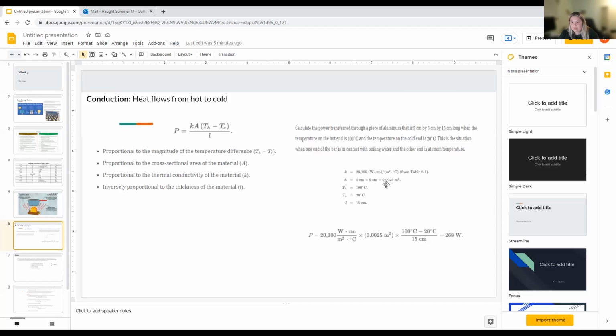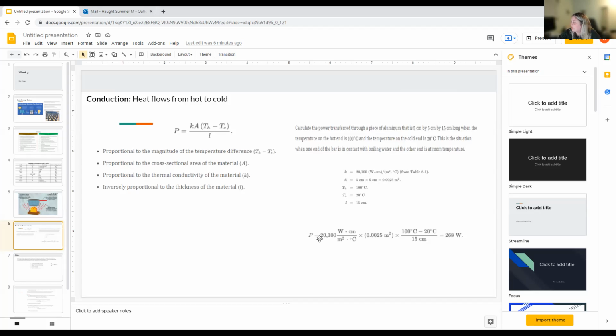I think the one that might have confused a lot of you is they didn't give you a K. So you read this equation and you're like, well, I wasn't even given a K. This K here is the thermal conductivity of a material, and in the textbook, there's a chart that tells you that number. So this K wasn't given in the problem, but it was something you'd have to go look up in a chart, and that's also very challenging. So that's how they came up with this K, if you were wondering.